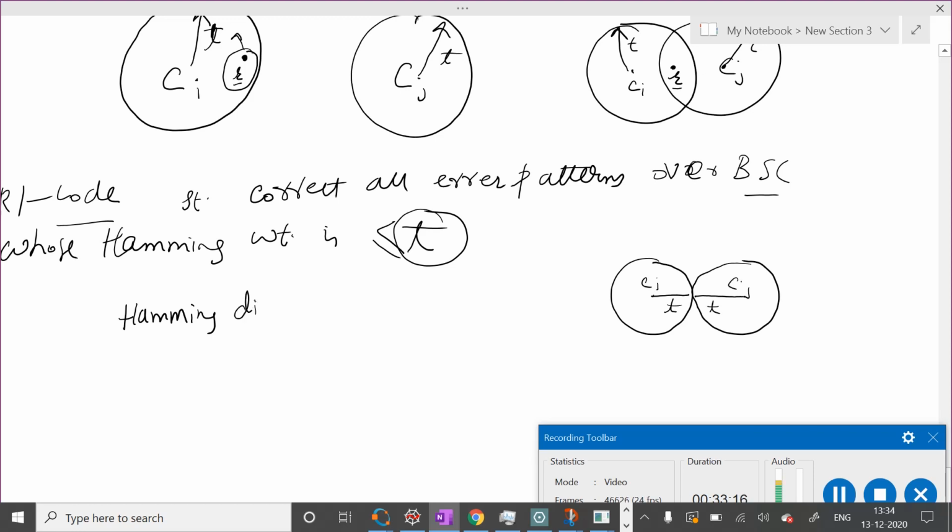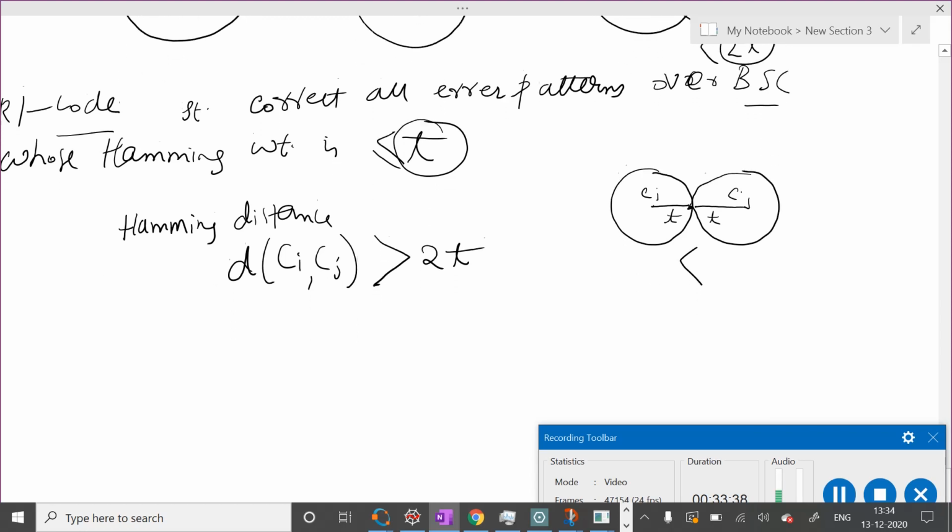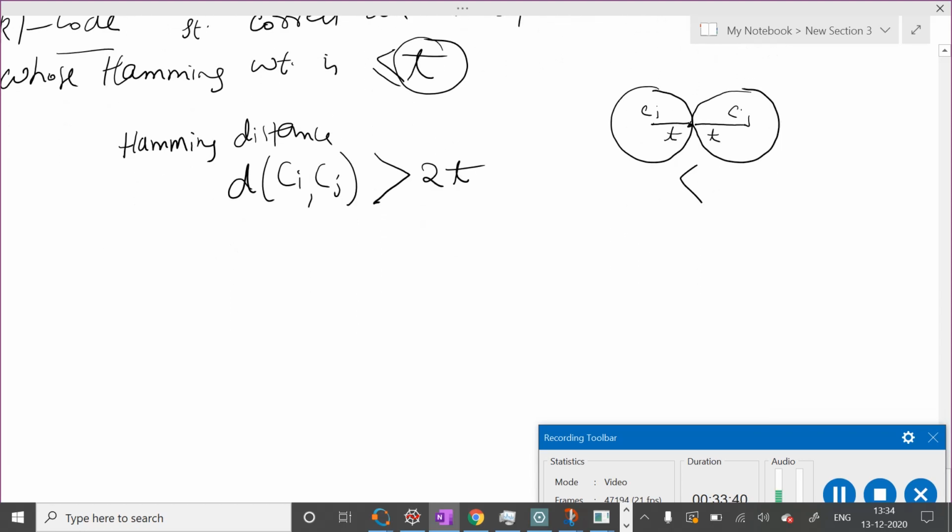So the Hamming distance between the two codes CI and CJ should be greater than or equal to how much? Actually it should be strictly greater than 2t. If it is less than 2t, then the spheres will intersect, and we may not be able to correct all the errors.